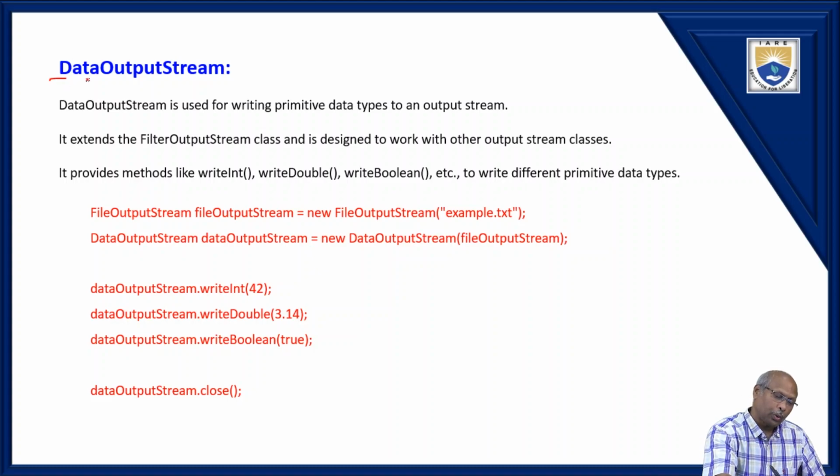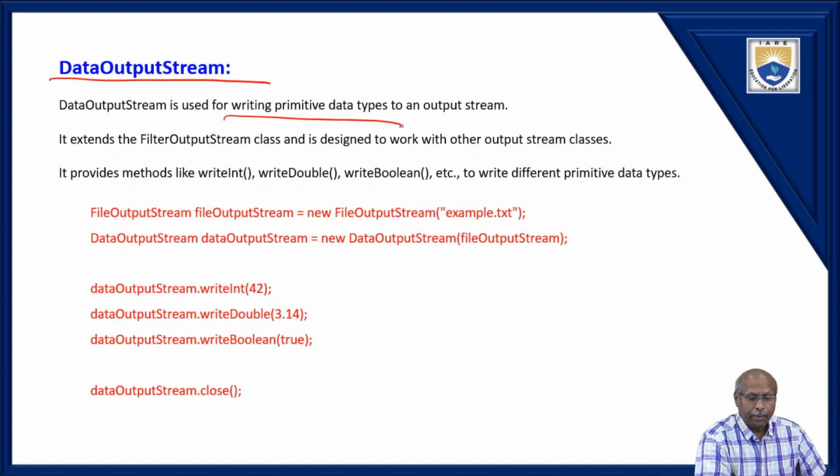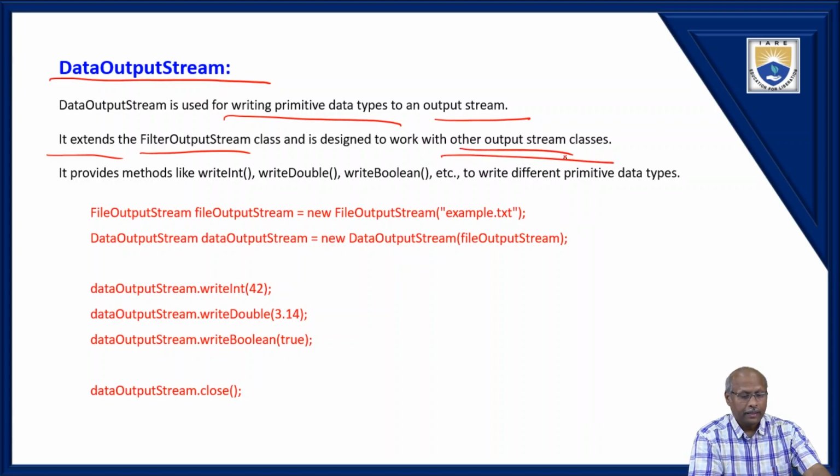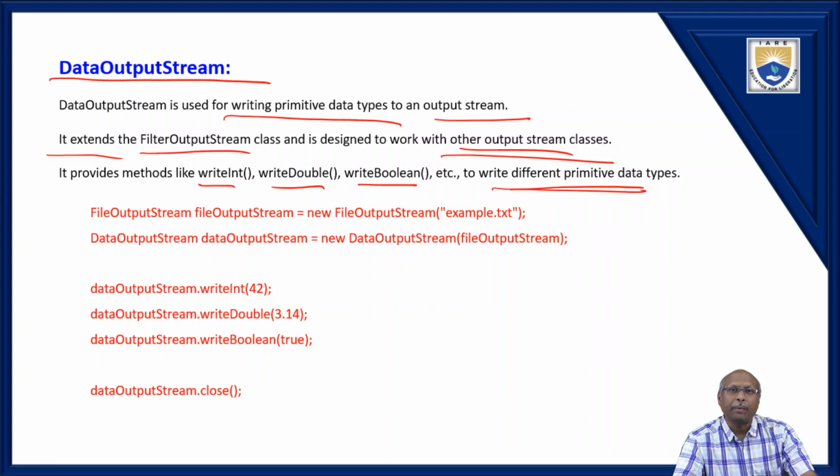Now see how the DataOutputStream class works. The DataOutputStream is used for writing primitive data types to an output stream. It extends the FilterOutputStream class and is designed to work with OutputStream classes. It provides the methods writeInt, writeDouble, writeChar, writeBoolean, writeUTF. These are the standard methods to write primitive data to the file.